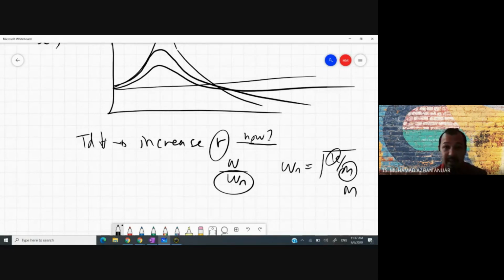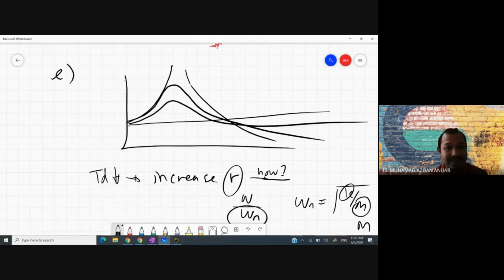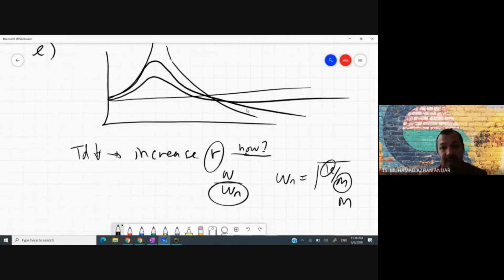But be careful again. If your problem falls at this region and you reduce the K, you will increase the TD. But if your system falls at this region and you reduce the K, you reduce the omega n straight away. So for the K, be careful. But if you increase the m value, you will reduce the omega n, and you also increase the R, and you reduce the TD.